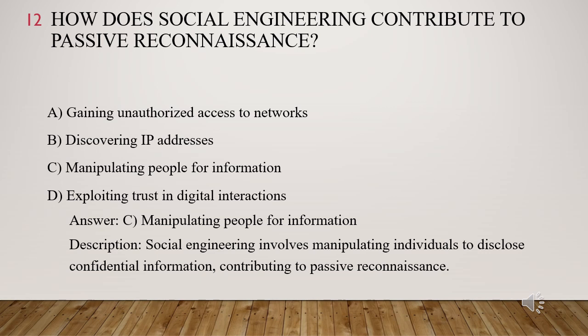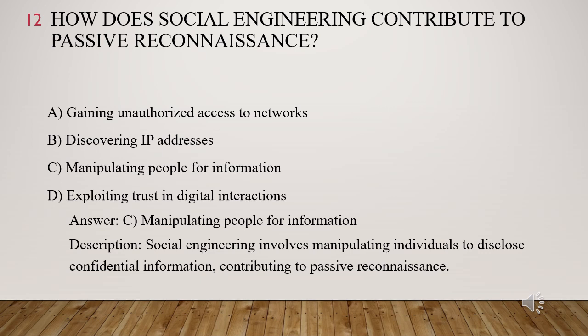Social engineering, in the context of passive reconnaissance, leverages human interaction to extract valuable information without directly probing the target system. This can involve various tactics such as pretexting: posing as a legitimate entity, for example IT support or HR, to trick people into revealing sensitive information. Baiting: offering enticing rewards or creating urgent situations to encourage people to click on malicious links or download attachments containing information-gathering tools.